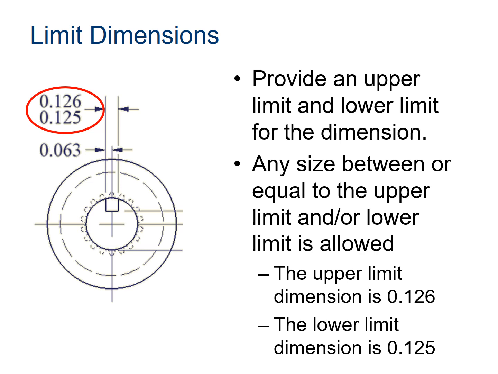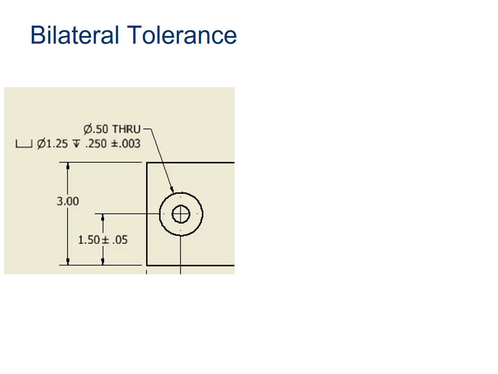In this case, the upper limit of that dimension is 0.126, and the lower limit is 0.125. Elsewhere on the drawing, we would have the units. In this particular case, we're not given the units, but if we were to see the whole drawing, we would be able to see them.